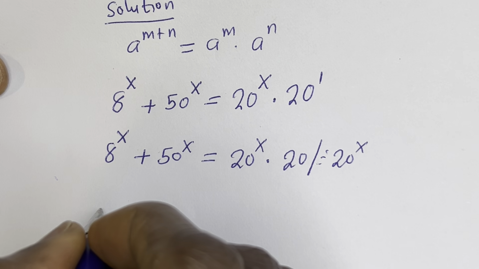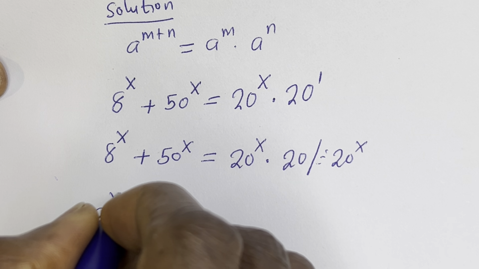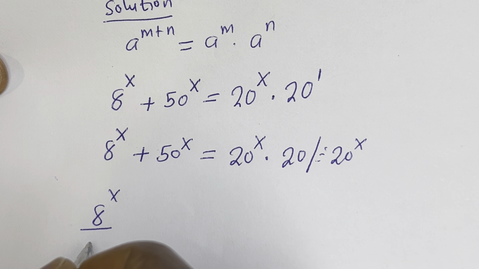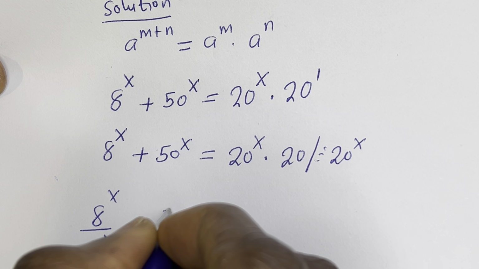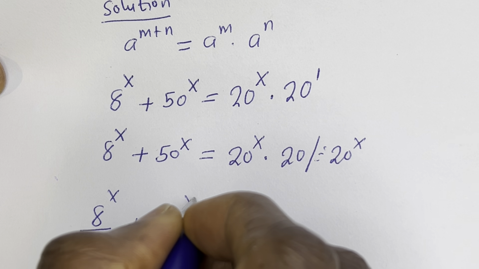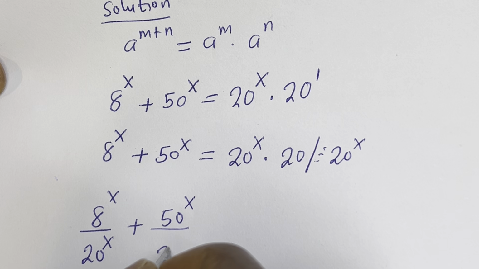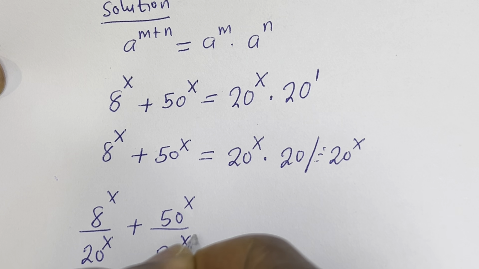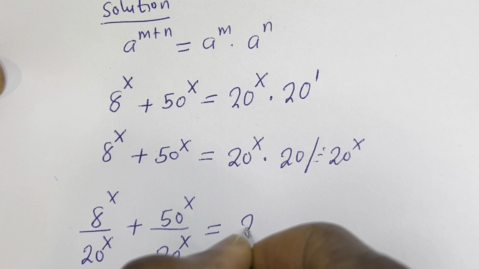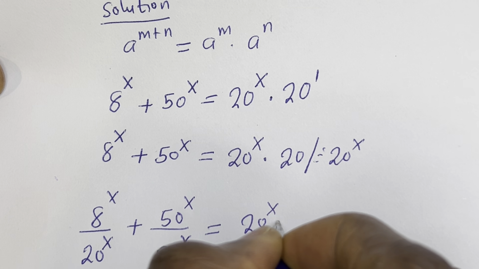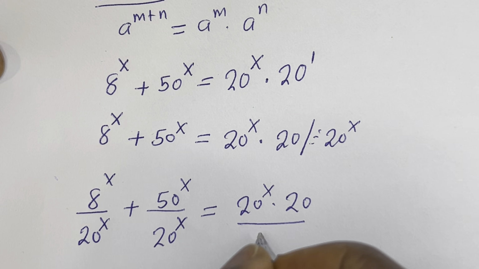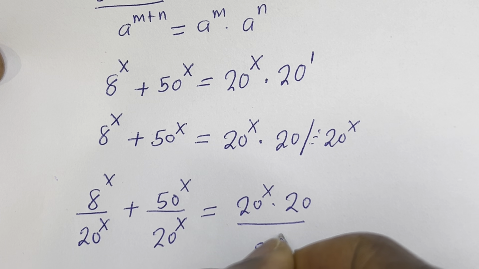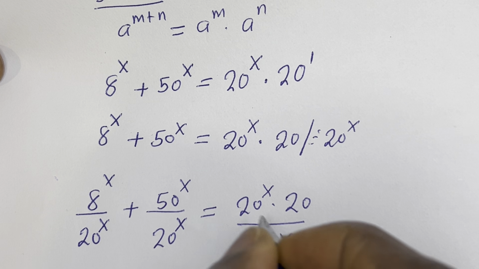This is 8 to the power of x divided by 20 to the power of x plus 50 to the power of x divided by 20 to the power of x is equal to 20 to the power of x multiplied by 20 divided by 20 to the power of x. This we cancel.